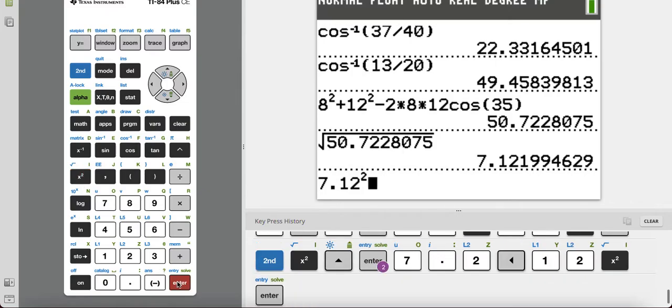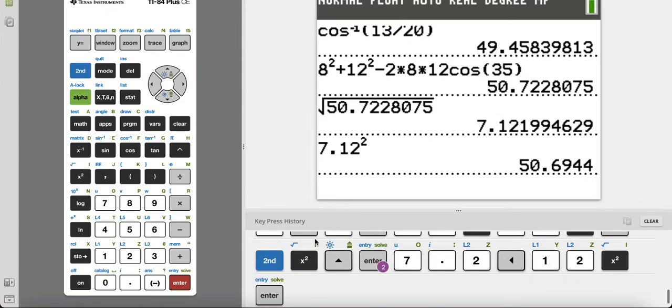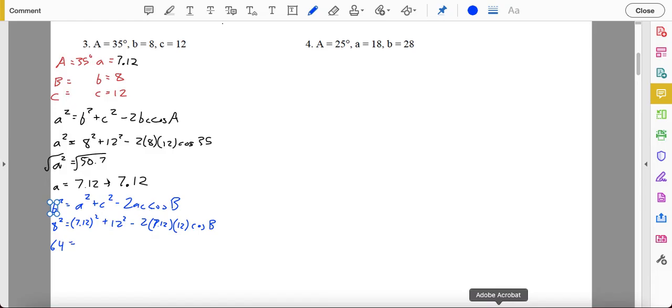So we've got 50.7 plus 144 minus 2 times 7.12 times 12.